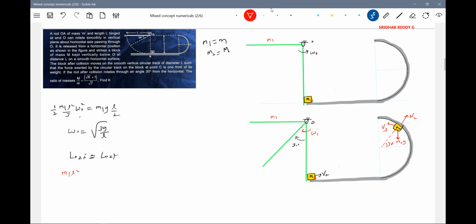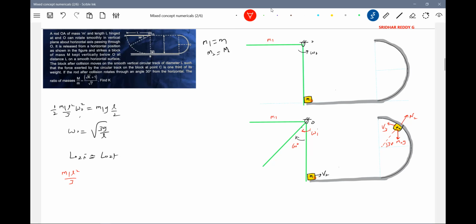That should be 60 degrees, sir. If the rod after collision rotates to an angle 30 degrees from the horizontal, this will be 60 degrees.